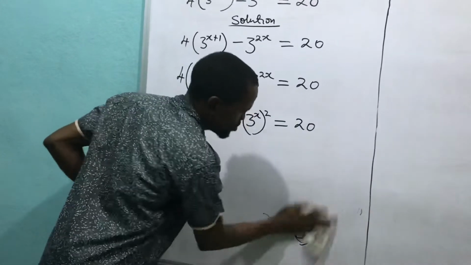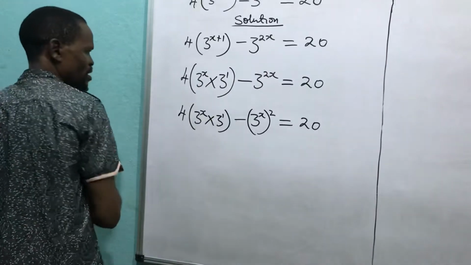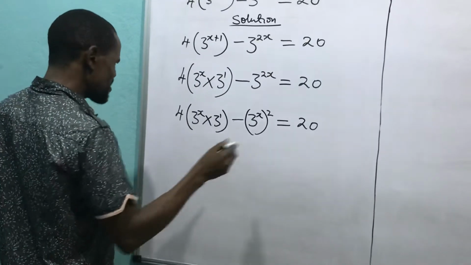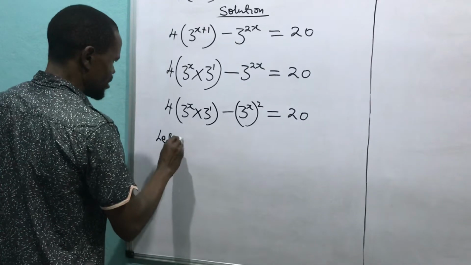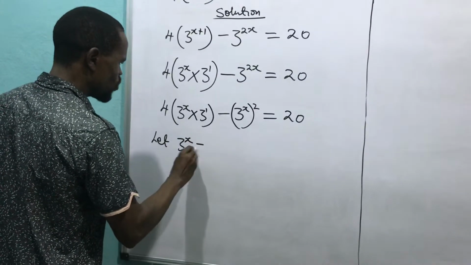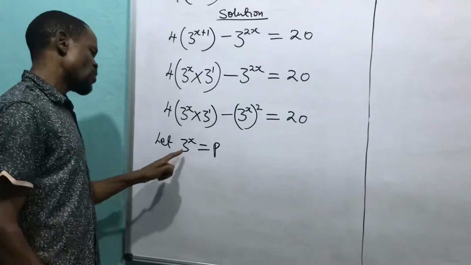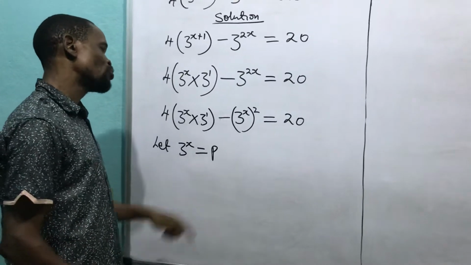So let's go ahead. After I've done this, I can now say, let 3 raised to power x be equal to P. What does it mean? Whenever I see 3 raised to power x, I put P there.